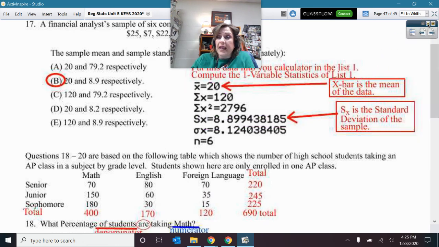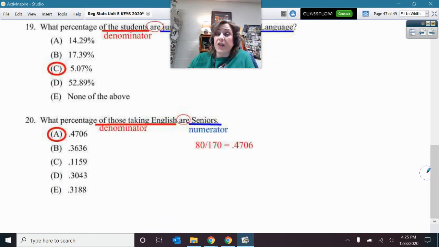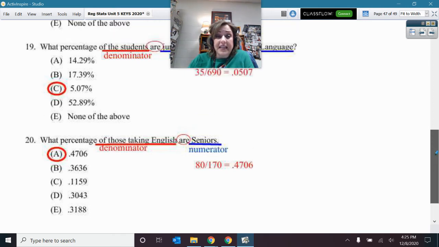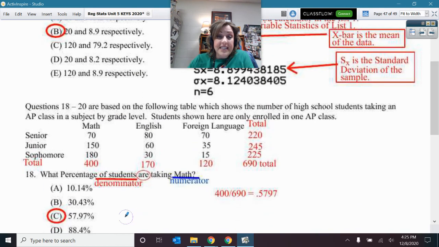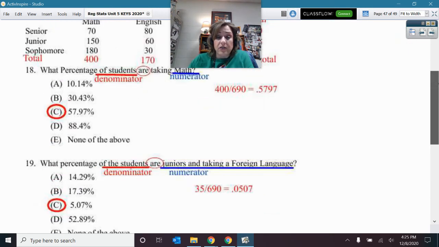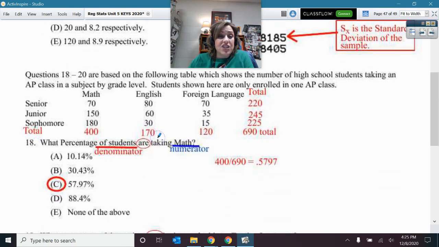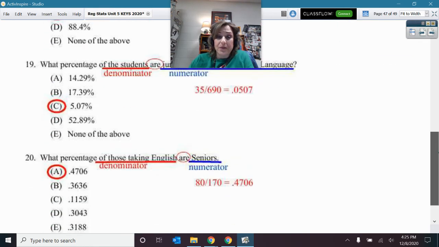Okay, next. We've got, what percent of those taking English? So that's our denominator, the English takers. Let's see, that's out of the 170 taking English, who is a senior? So of the 170 taking English, 30 out of the 170 are seniors.